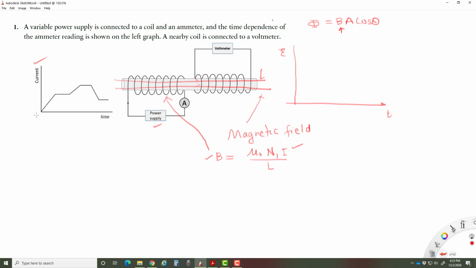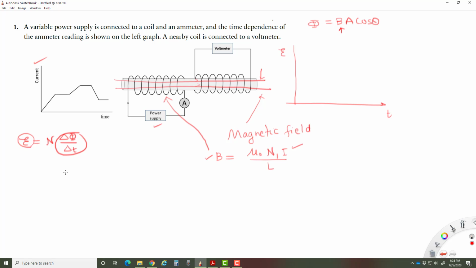And from Faraday's law, if there is change in flux, there is EMF induced. So if we have this change in flux, that induces the EMF, and that's what we want to know: how this EMF produced in this coil is changing with time.